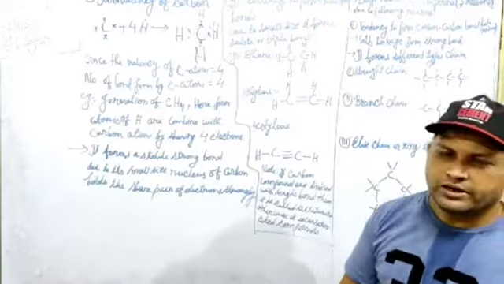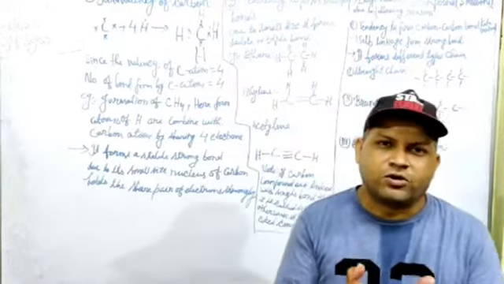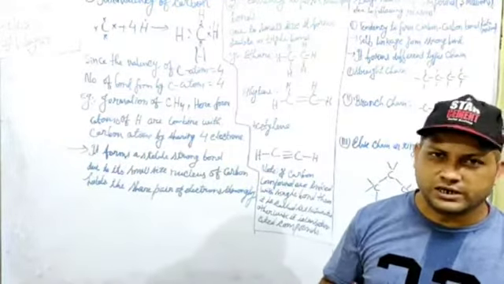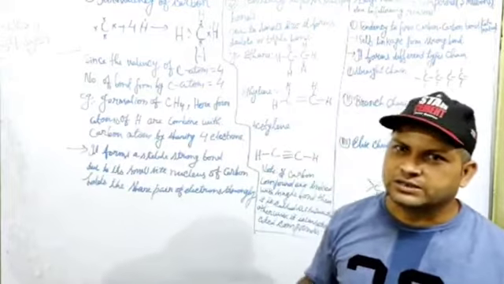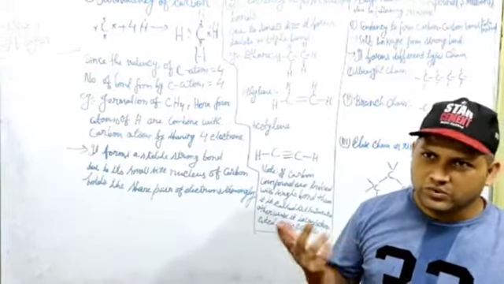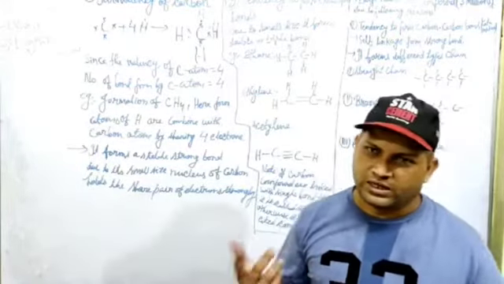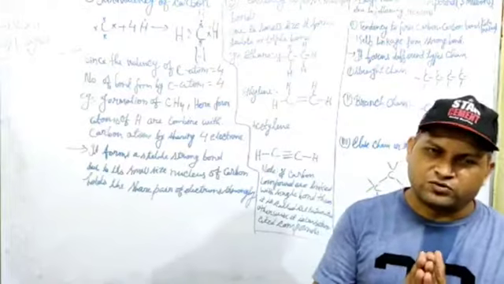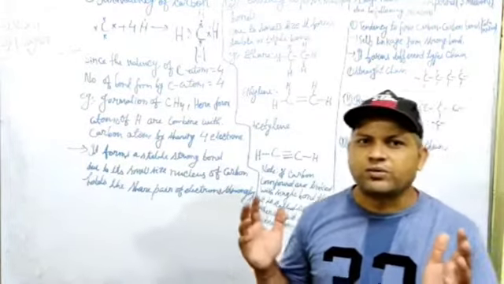Tetravalency means it forms 4 bonds because the number of valence electrons in a carbon atom is 4. That's why it can share its 4 electrons with other atoms or the same atoms. If it shares 1 electron with other atoms, then 1 bond is formed. And if it shares 4 electrons, then 4 bonds are formed.